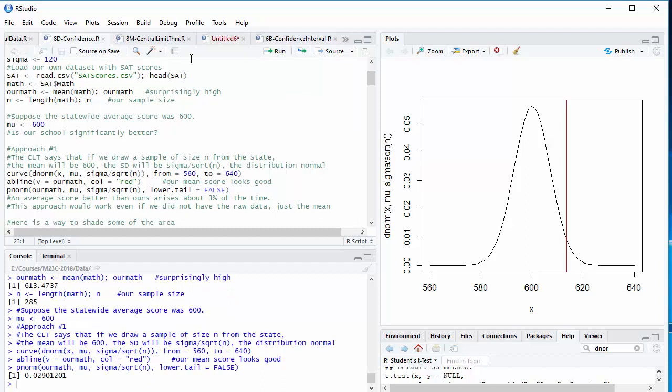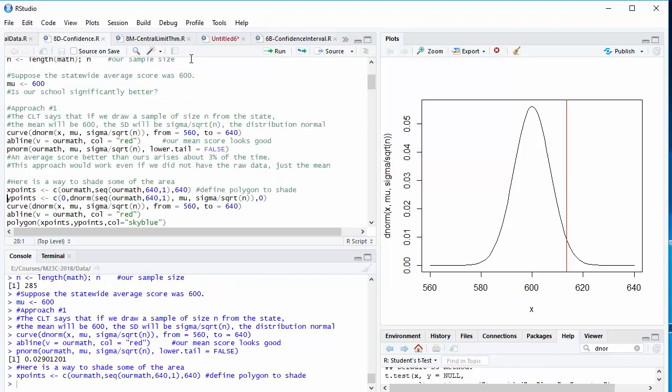It's around 3%. That's our p-value. Notice, we could have done this analysis even if we didn't have the raw data from the school. If we just were told the mean for our school is 613.4, we could reach this conclusion because we're assuming that the standard deviation quoted by the College Board applies also for our school.